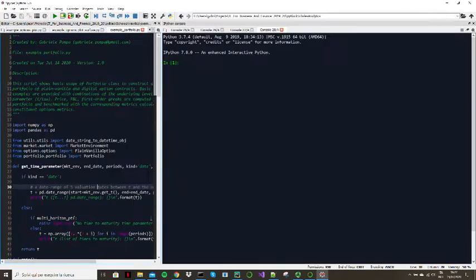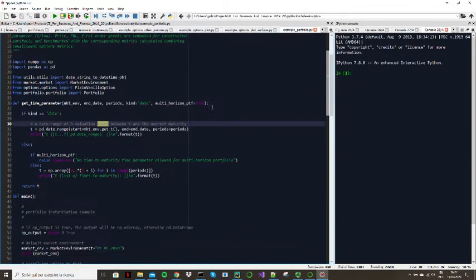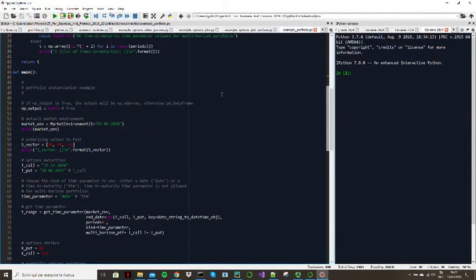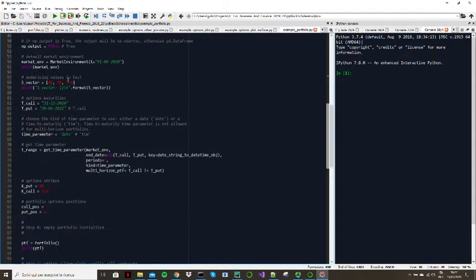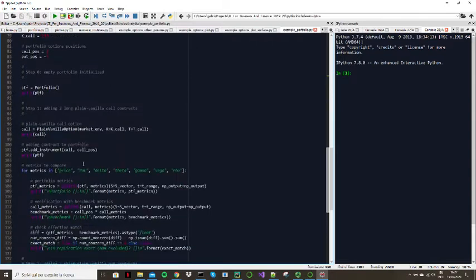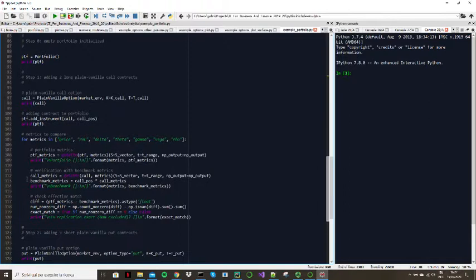So, for example, this is an example of usage and instantiation of portfolios. Here we instantiate a very generic portfolio, for example 2 strikes of call and put, and we compute the price, P&L, and the Greeks, and we consider the benchmark.